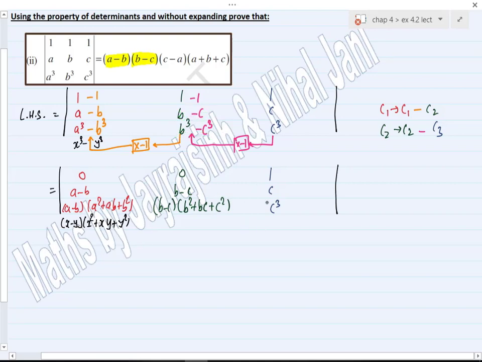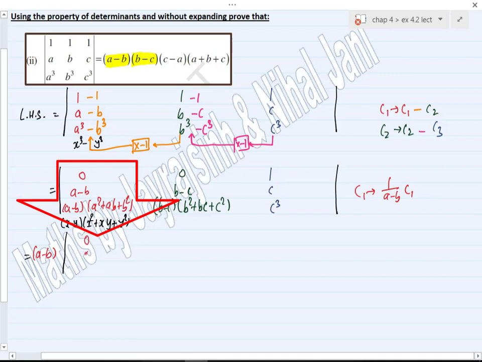Now, we can take common a minus b from the first column. So here, we have to multiply a minus b with the determinant, and your first column will be 0, 1 and a square plus ab plus b square.